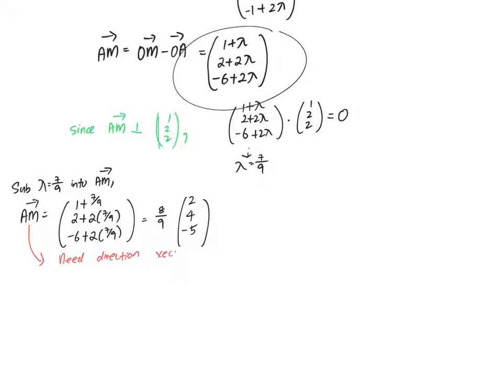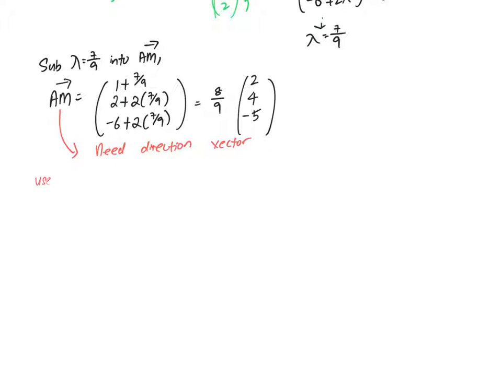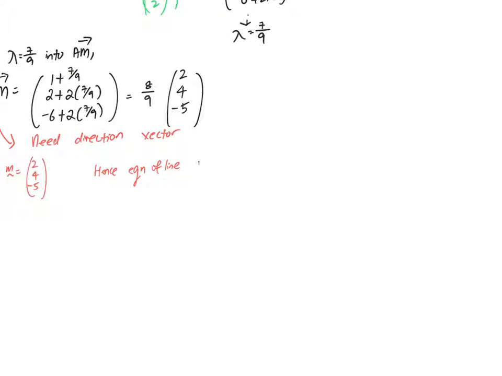We don't have to use the whole vector here, so we can just use the direction vector, just call it m, to be (2, 4, -5). Hence the equation of the line passing through point A, perpendicular to line 2 and intersecting line 2 is r equals (2, -1, 5) plus mu of (2, 4, -5), where mu is a real number.